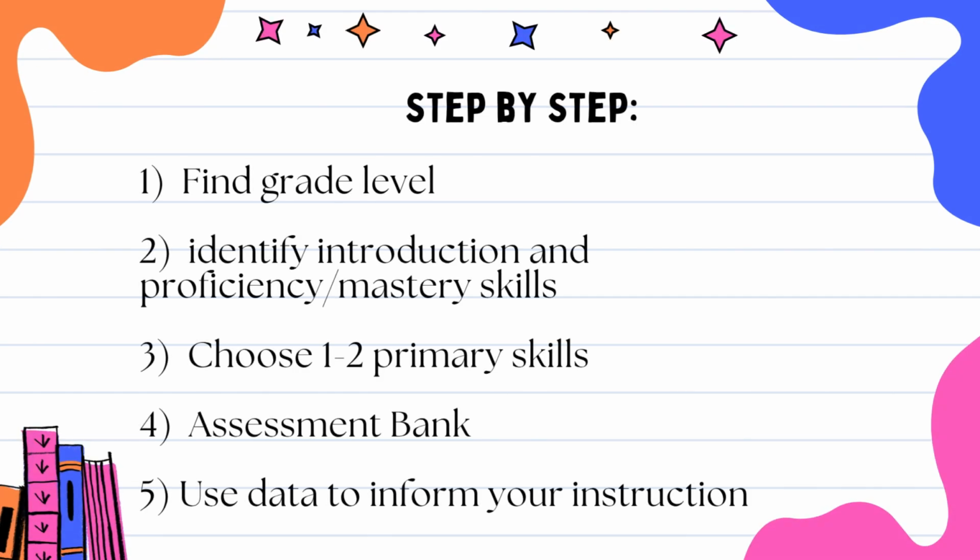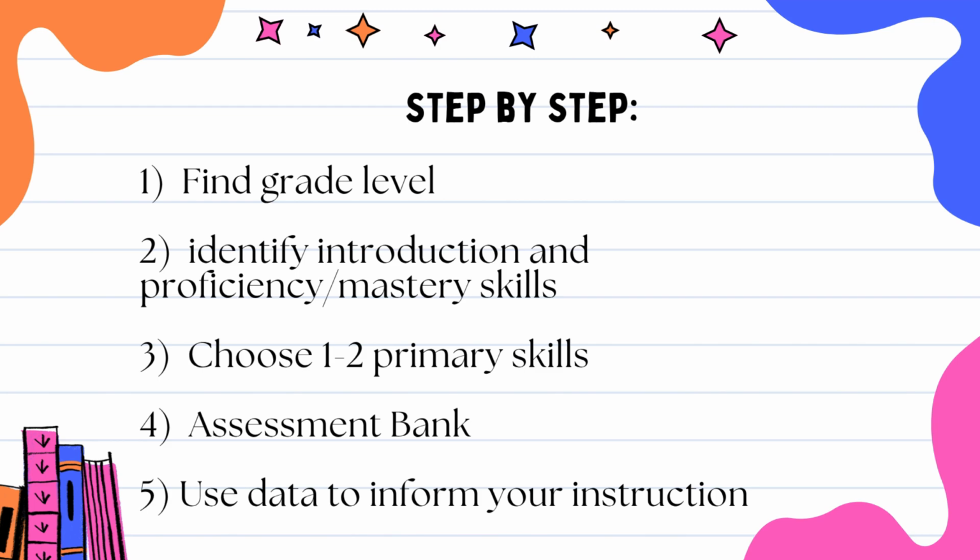So here's a simple process you can use. Step 1, find your grade level on the GUM chart. Step 2, identify the skills marked for introduction and the skills marked for proficiency or mastery. Step 3, choose 1 or 2 priority skills. Don't try to assess the entire universe of grammar in one sitting.